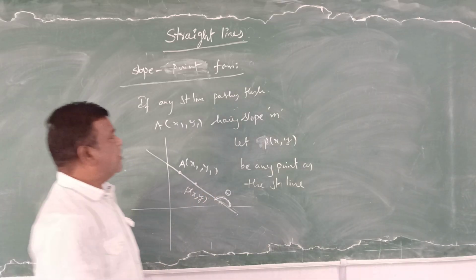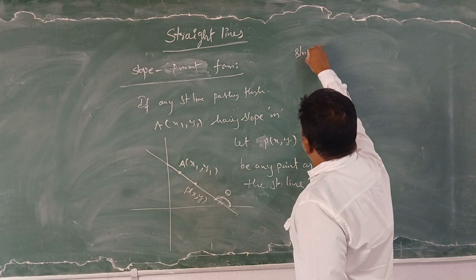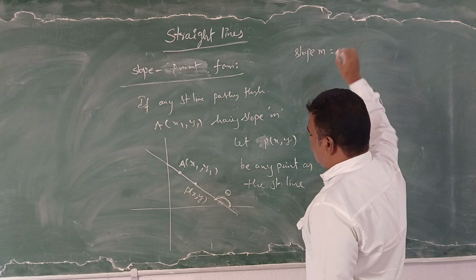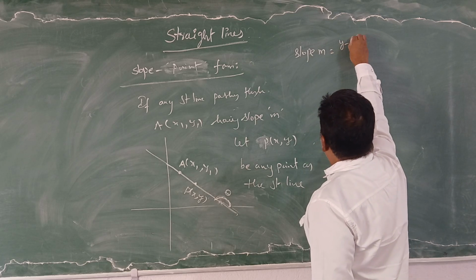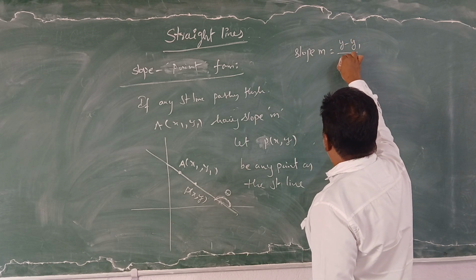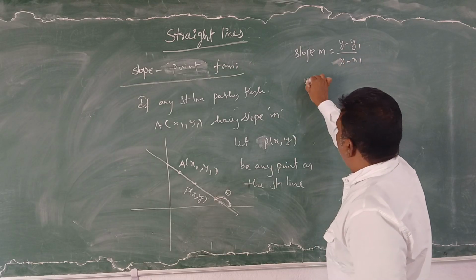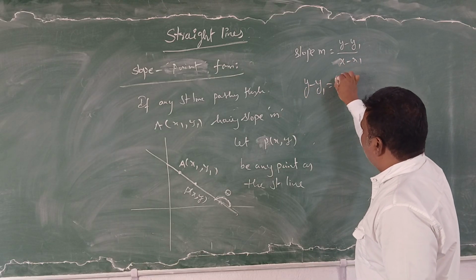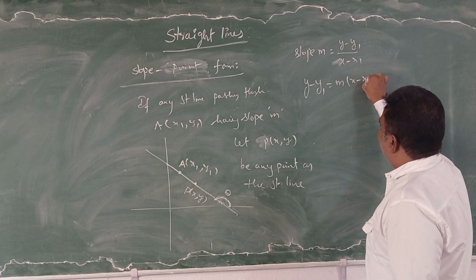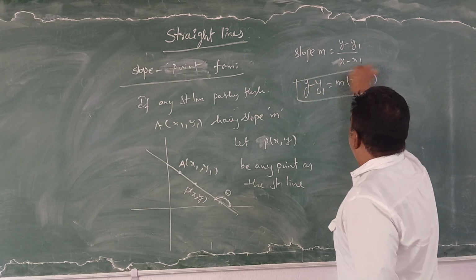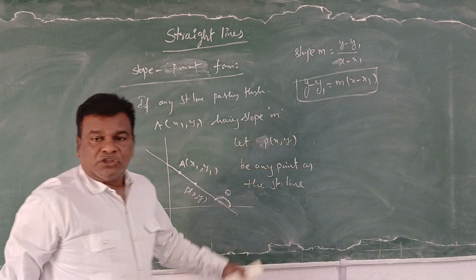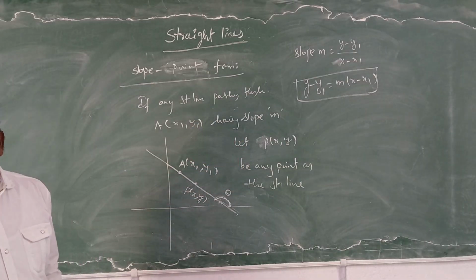Then the slope m is equal to (y minus y1) by (x minus x1). So y minus y1 is equal to m into (x minus x1). This form is called slope point form.